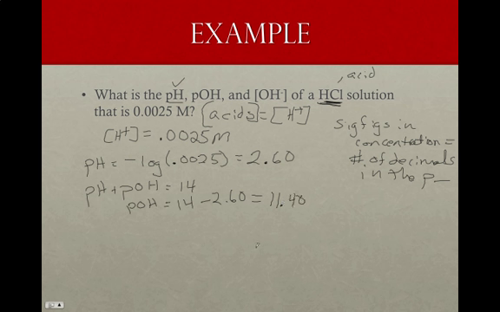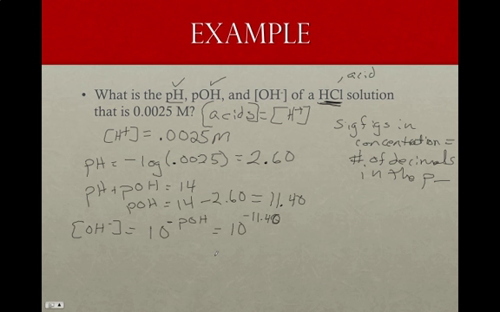And then the last part, so we've got our pOH, is our hydroxide ion concentration. Remember that we just said that our OH minus concentration is equal to 10 to the negative pOH, which means that our hydroxide ion concentration is equal to 10 to the negative 11.40.